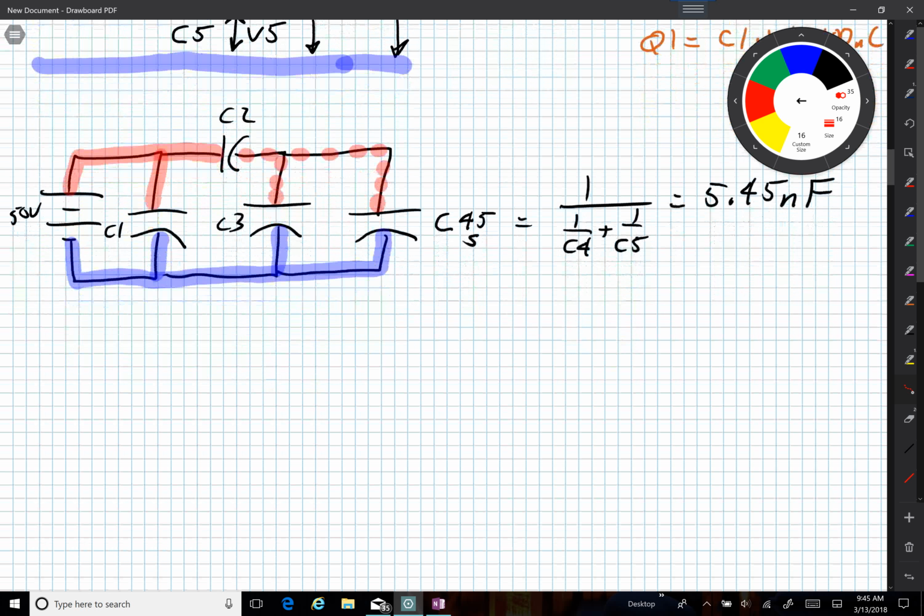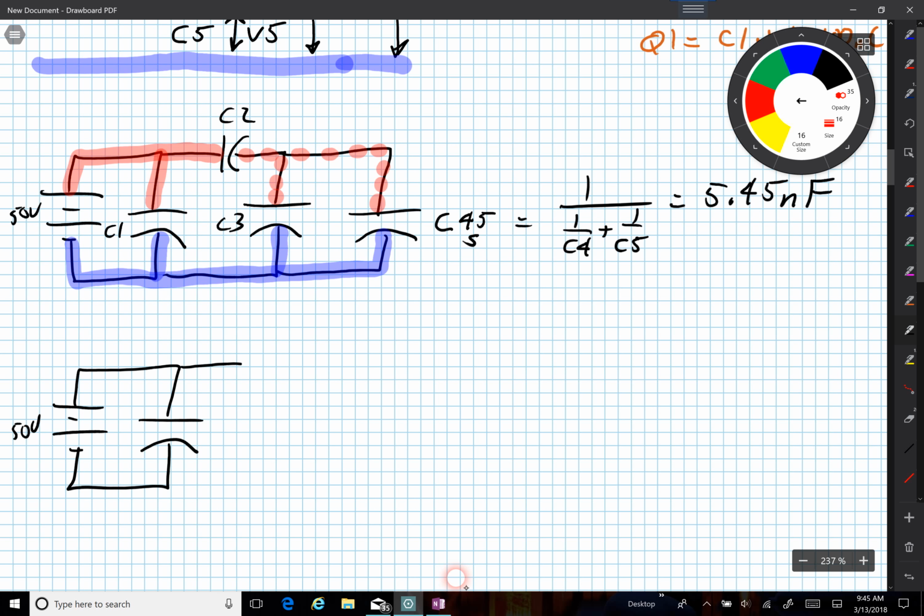So I can draw another equivalent. 50 volts. C1, C2, and C3, 4, 5 equals C3 plus C4, 5S.